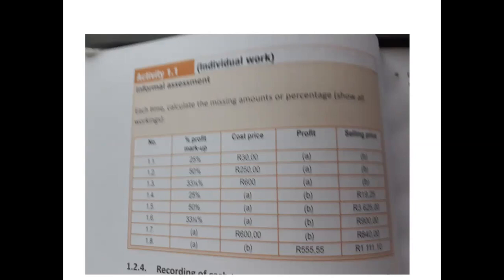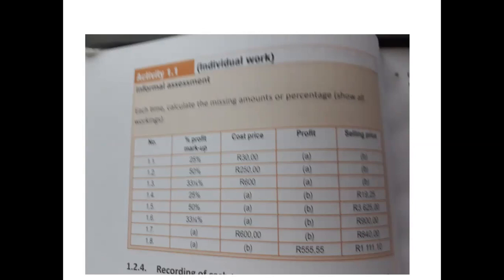Okay, let's look at 1.4, because there is a change with 1.4. This time they give you the profit percentage and the selling price. So how are you going to calculate the cost price? You take your selling price of 19 Rand 25. Remember, you're going to calculate the cost price now, the smaller one.